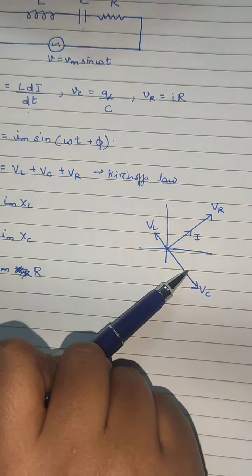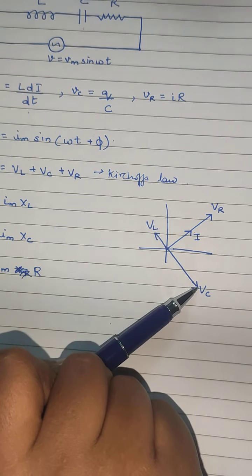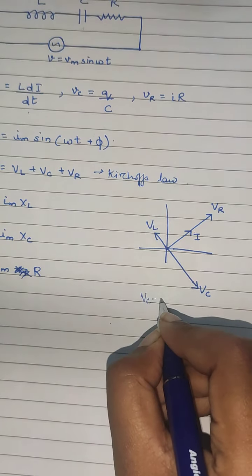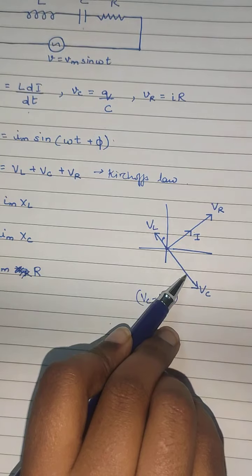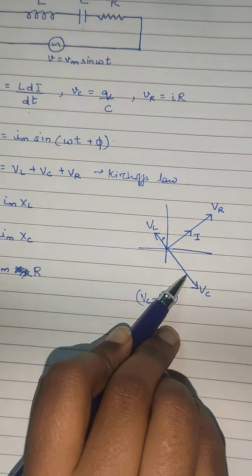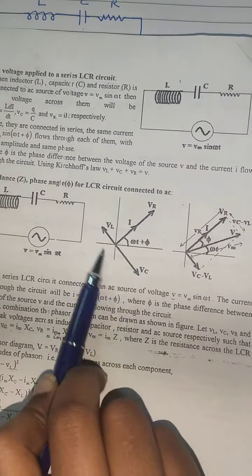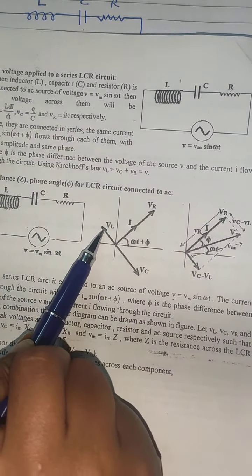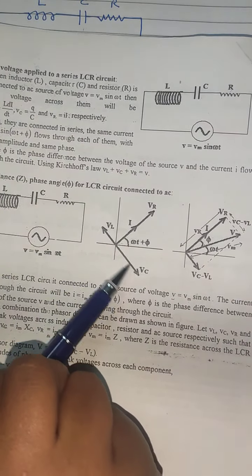So what will happen when we do that? Since the length of VC is larger than VL, this will become VC minus VL. You can see it in this diagram: VL, which was over here, I have brought along the VC line.